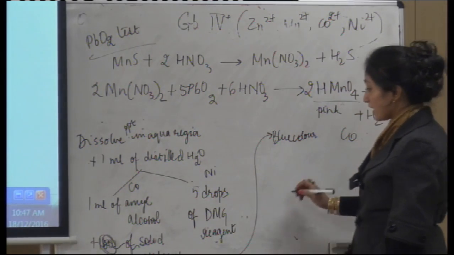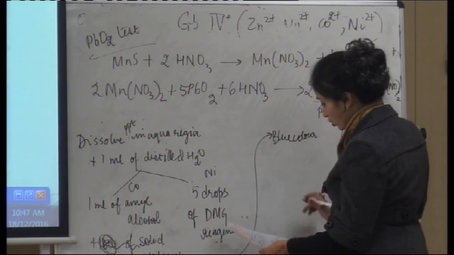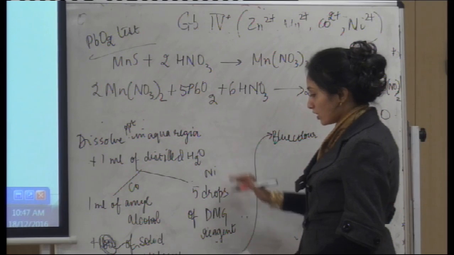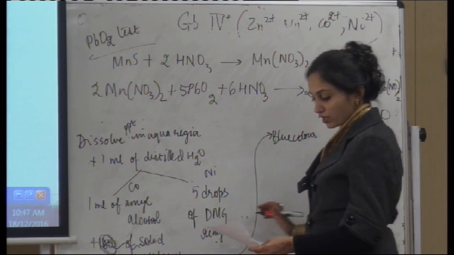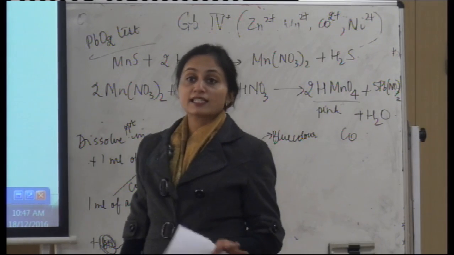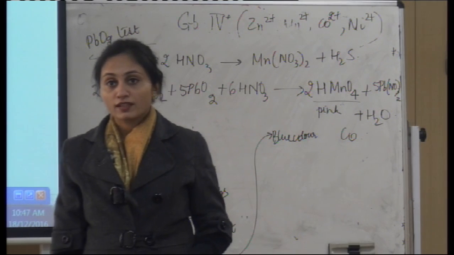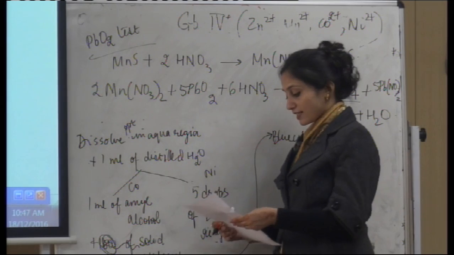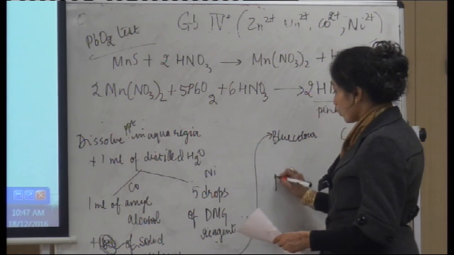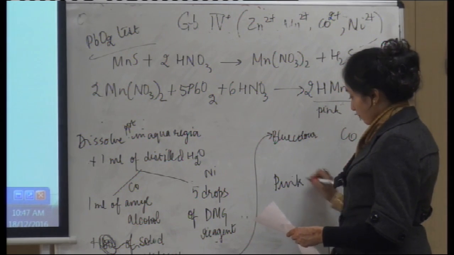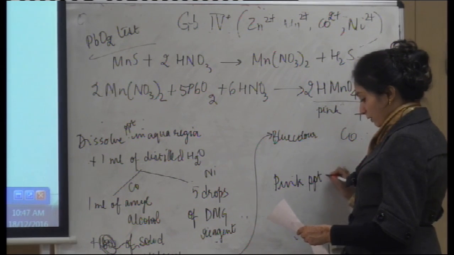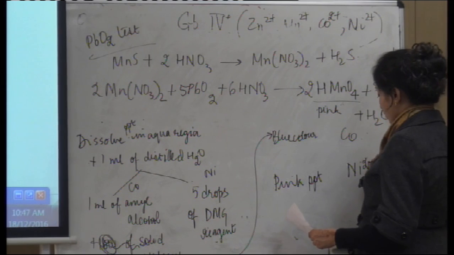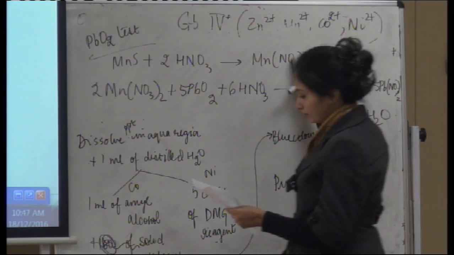And in case you add DMG reagent to the same solution, what is your DMG reagent? It is dimethyl glyoxime. This is one of the important tests which is asked again and again in the examination. If it gives you a pink precipitate, a colored PPT, then it confirms your Ni2 plus.